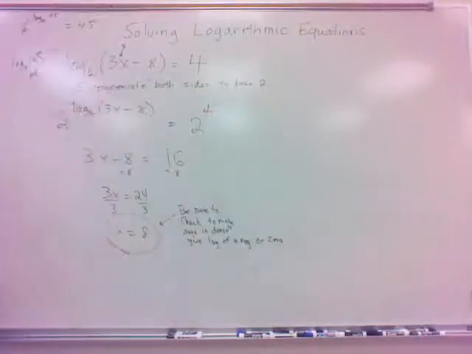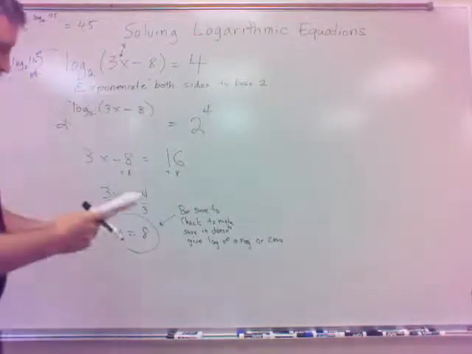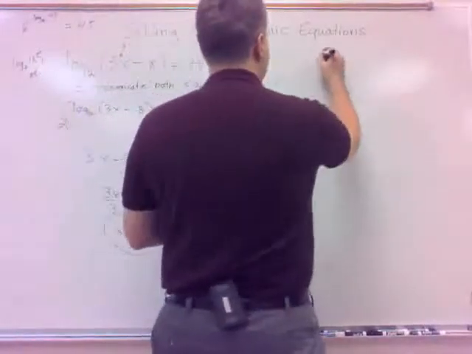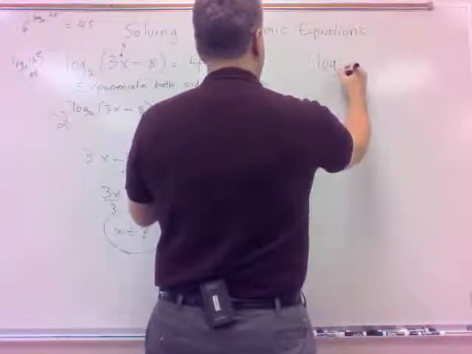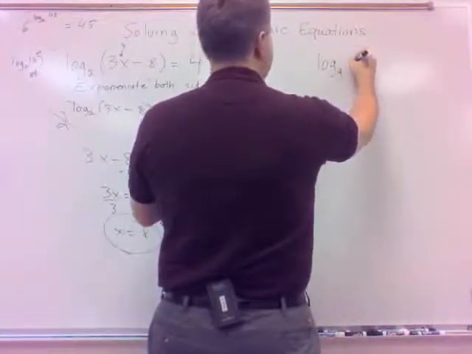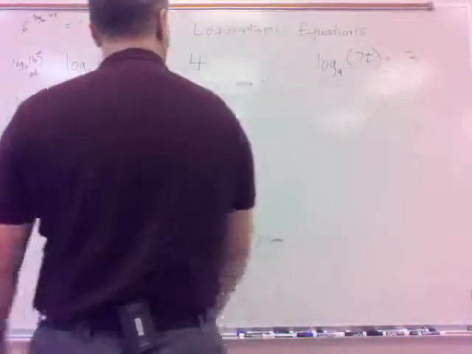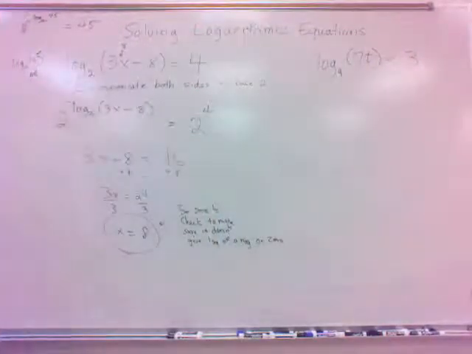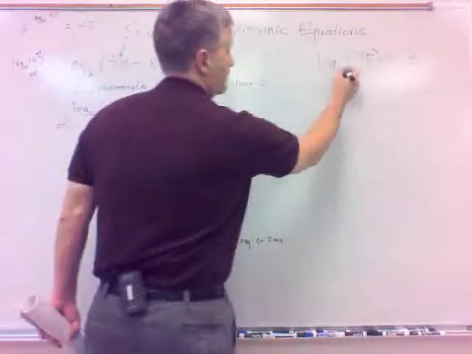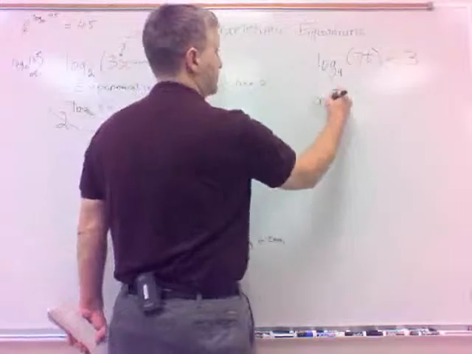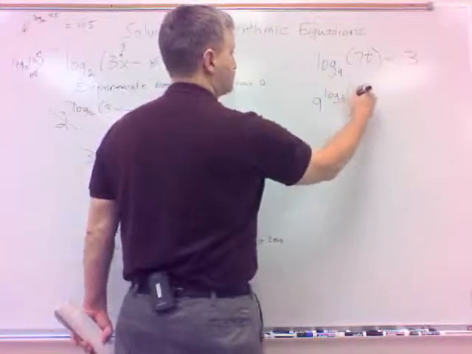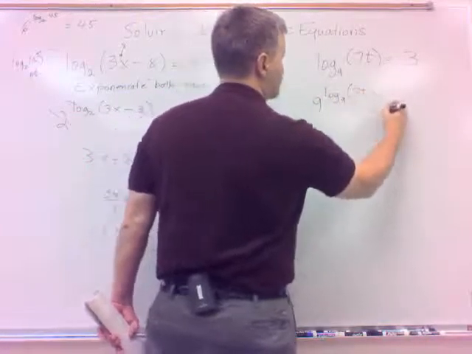All right, so let's look at number 2 here. Say I have the log base 9 of 7t, and that equals 3. In this case, I would exponentiate both sides to base 9, right? Because that's my logarithm base.